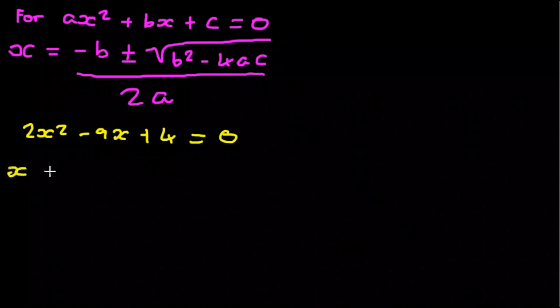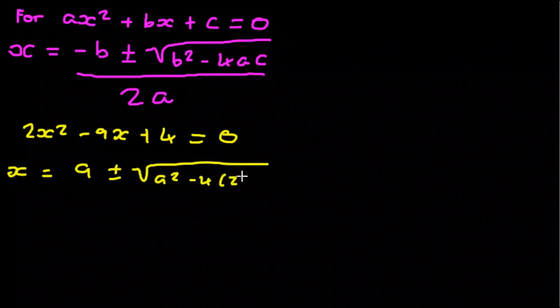Our value for b is minus 9, so minus minus 9 is 9. Then we've got plus or minus 9 squared minus 4 times 2 times 4. And then all of that, so this entire thing, is being divided by 2 times 2, because a is 2.